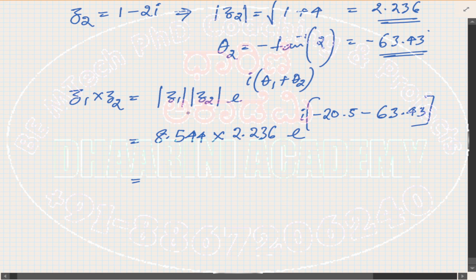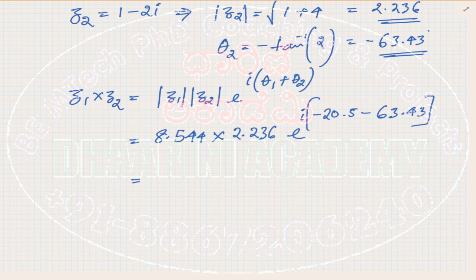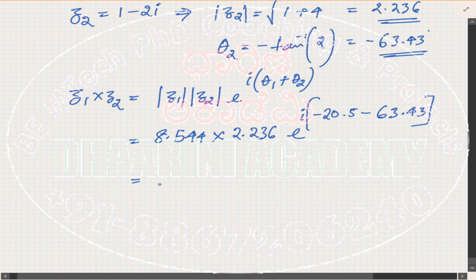So this is equal to 8.544 into 2.236, this is 19.104 into e to the power minus I into, so this is 20 and 63, this is 83.93 degrees.